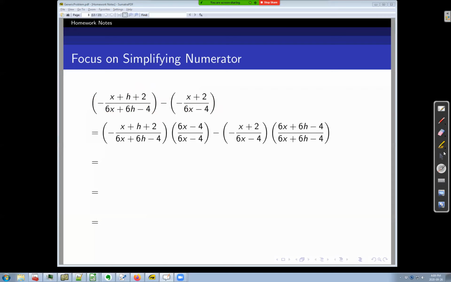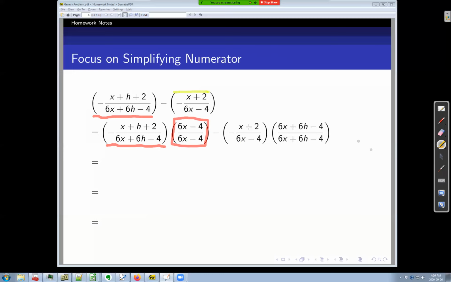To get that common denominator, I'm going to multiply the first fraction by this, and this is just equal to 1. So this thing in the red box, that's just equal to 1, so multiplying by that's a legal thing to do.